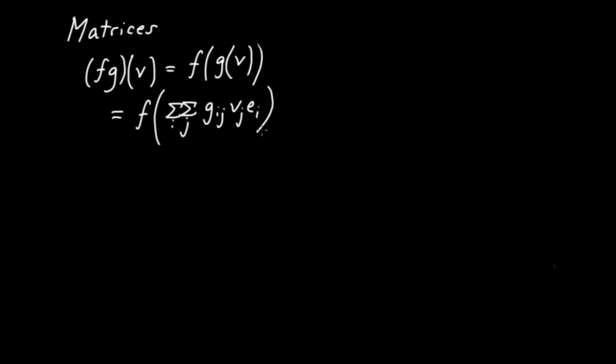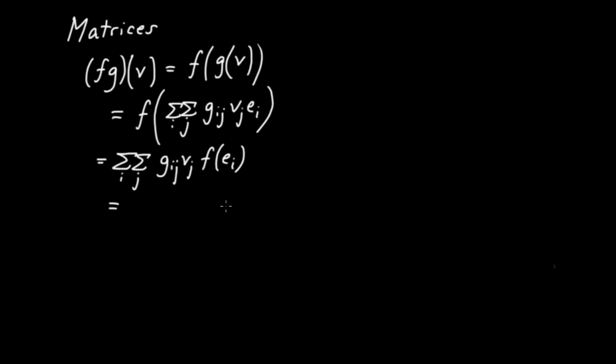Now, we may use the linearity of f to not only remove those two sigma notations, which signify addition, we may also remove the scalar. So what we're going to be left with is sum over i, sum over j, g ij, v sub j, and then f of e sub i.